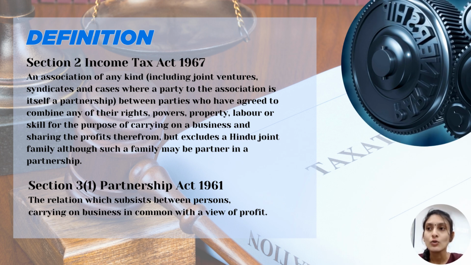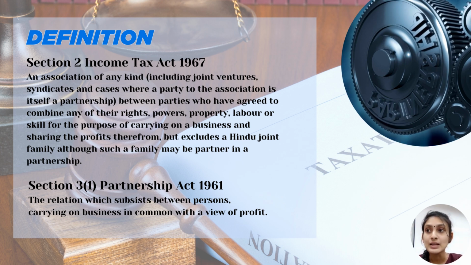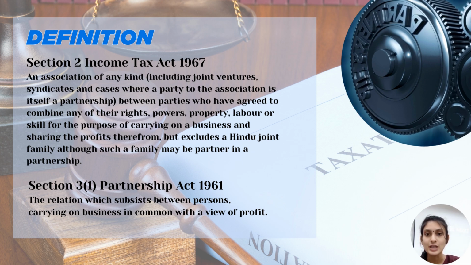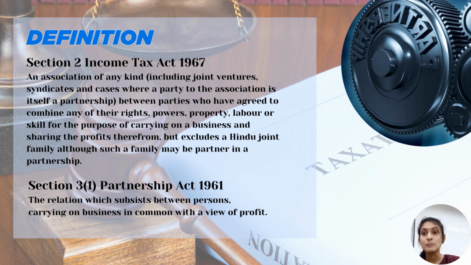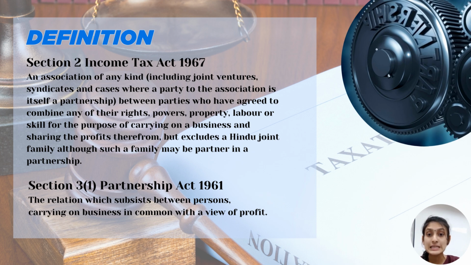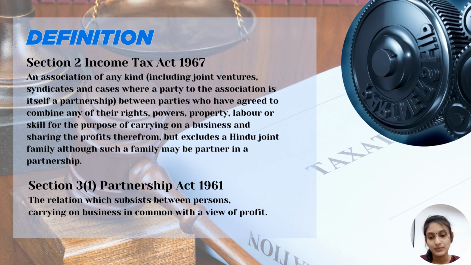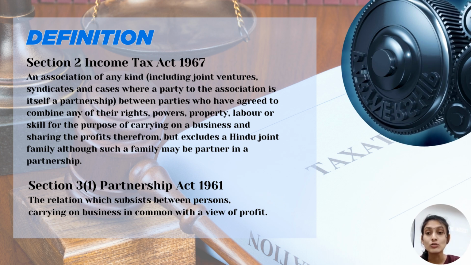In summary, it says that an association of any kind between parties where they agree to share their rights, labors, powers, property, even their skills in order to carry on their business and share their profit. But it excludes the Hindu joint family.